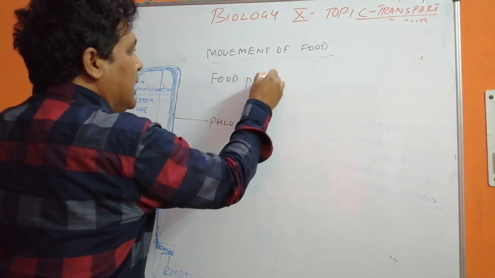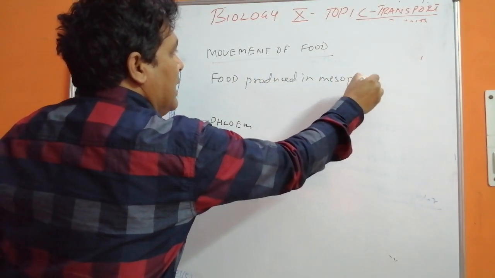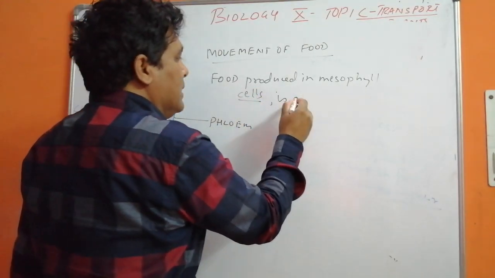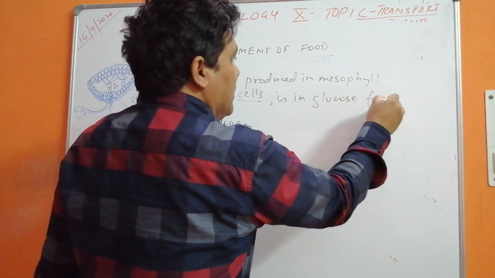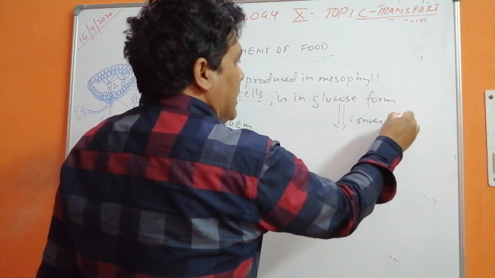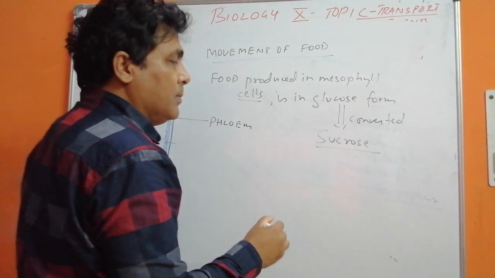Food produced in mesophyll cells is in glucose form. It is converted into sucrose.